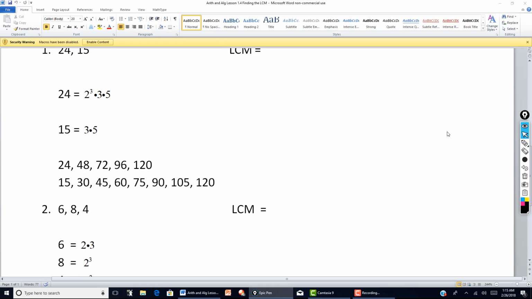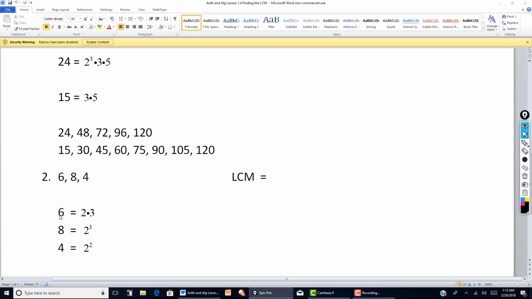So what we're going to do again is prime factor the 6, that's 2 times 3, prime factor the 8, that's 2 to the third, 4 is 2 times 2, or 2 squared, doing the same procedure that I used earlier and in other videos. So then you simply take each factor that appears in any factorization.